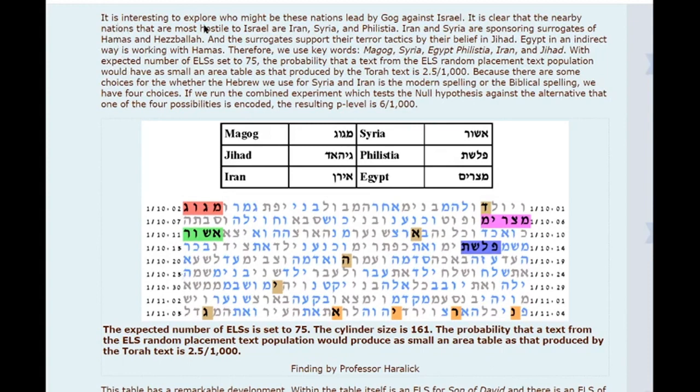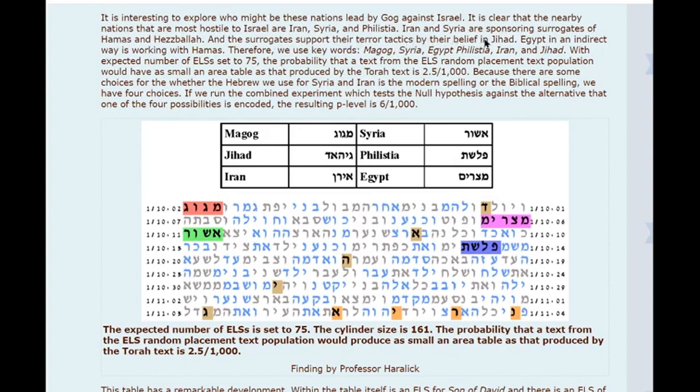He says it is interesting to explore who might be these nations led by GOG against Israel. It is clear that the nearby nations that are most hostile to Israel are Iran, Syria, and Philistia.